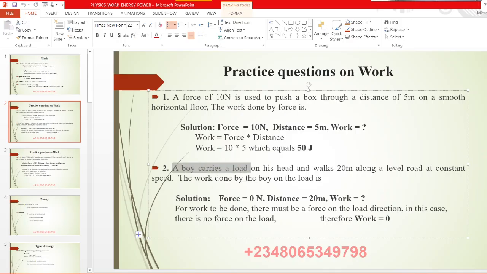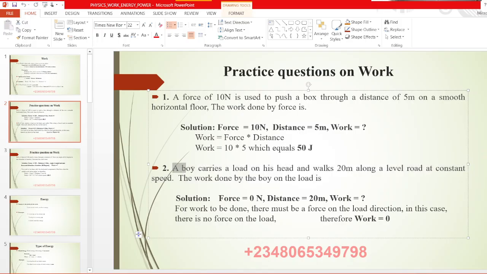A boy carries a load on his head and walks 20 meters along a level road at constant speed. The work done by the boy on the load is... let's read this question again, very technical.